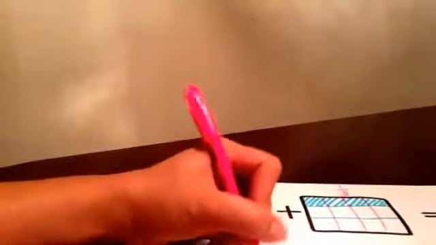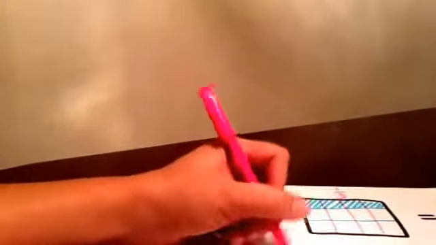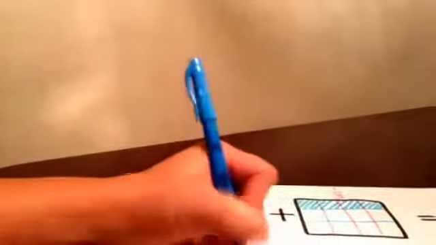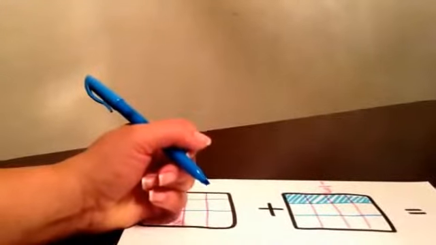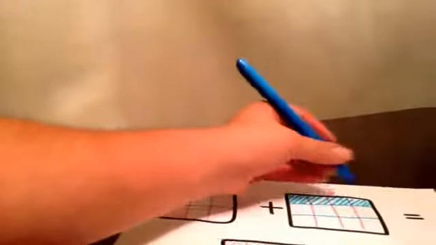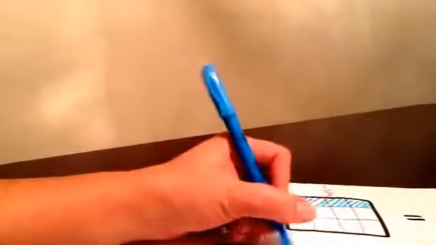1, 2. And now we're gonna do what Willie ate. 1, 2. And so we're gonna shade, and then we're gonna combine the 4 at the top. So 1, 2, 3, 4.